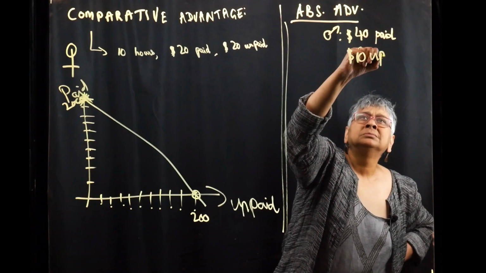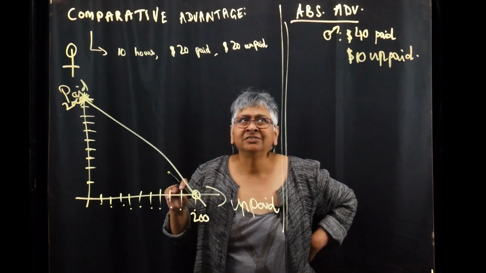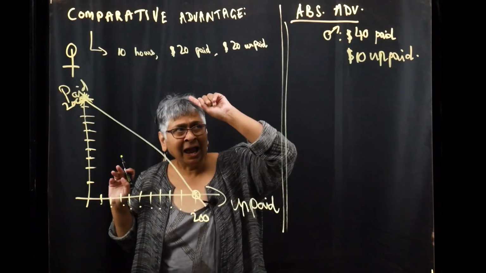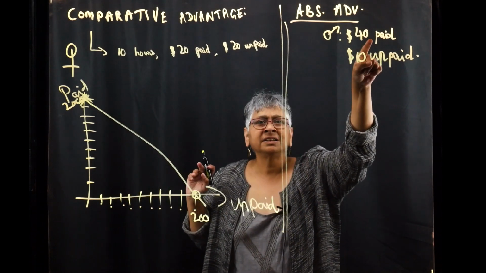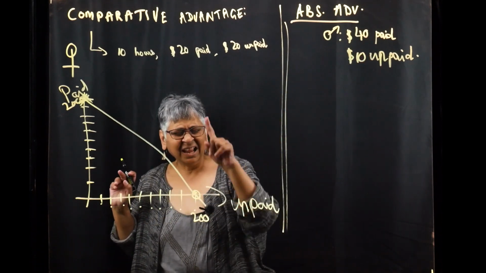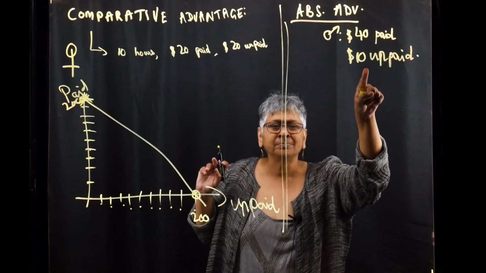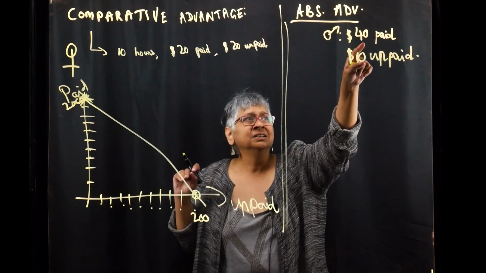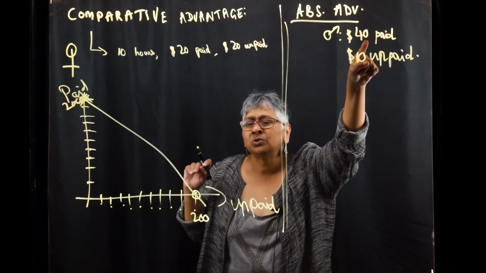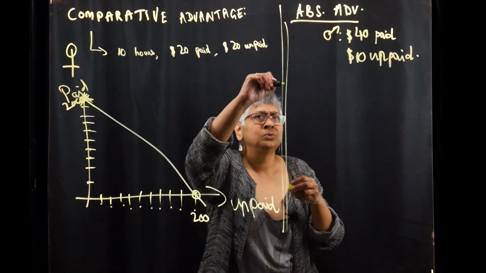this is absolute advantage. Absolutely. He is better than her at paid work. Absolutely. He is worse than her at unpaid work. Or conversely, absolutely, she is worse than him at paid work. She is better than him at unpaid work.